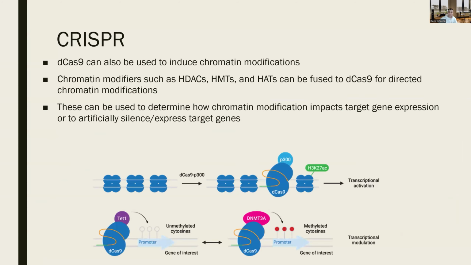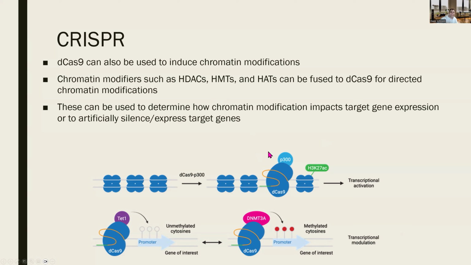You can also use dCas9 to introduce chromatin modifications. So let's say you want to see what happens if you deacetylate, methylate, acetylate, do all these different things. You take dCas9 and modify it by attaching either an HDAC, a histone methyltransferase, or an acetyltransferase to that dCas9.